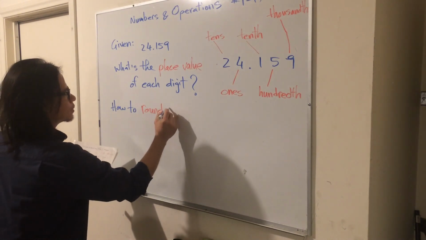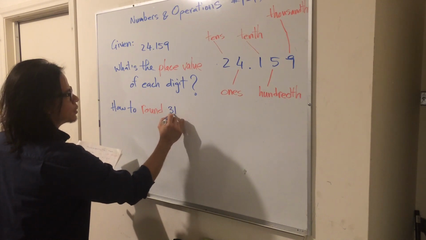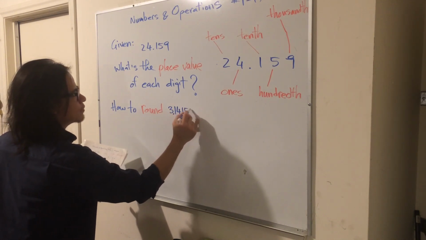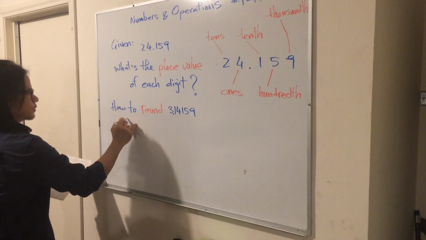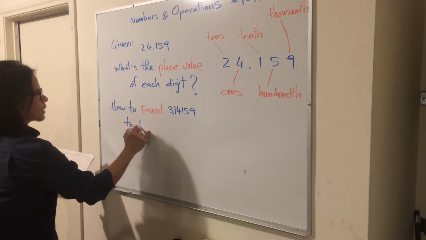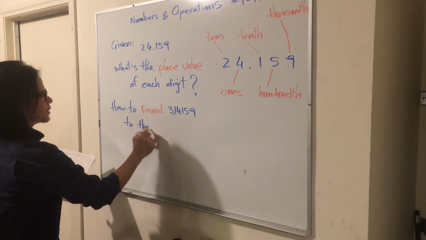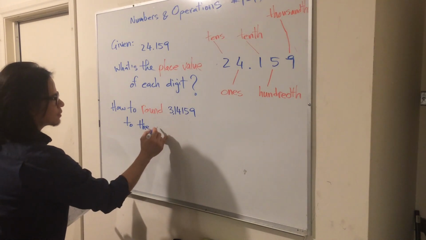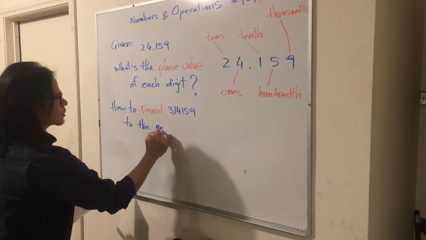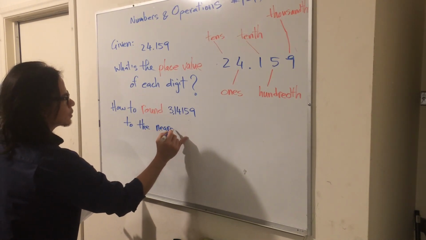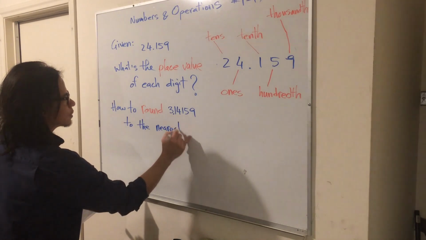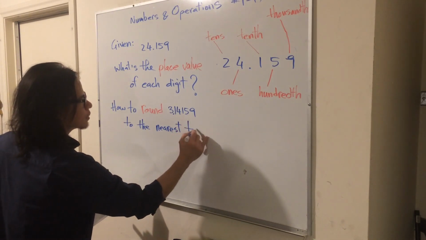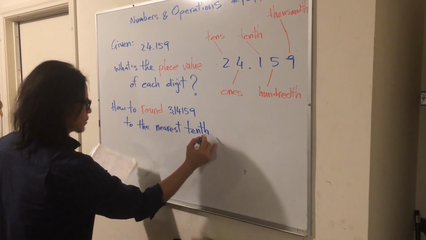Okay, so let's round pi here, 3.14159 to, let's take it to the nearest tenth place. Tenth with the th.